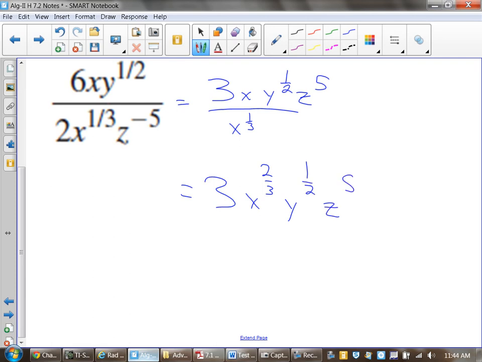Again, if it starts with rational exponents, leave it in rational exponents. You don't need to go back and forth to the root stuff. Follow those steps, whether you're using rational exponents or integer exponents, and it should be clearer for you.